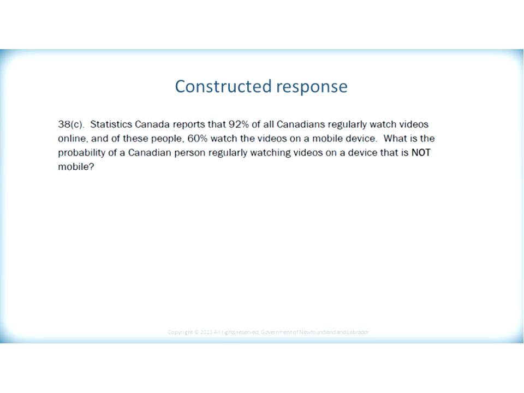We have Statistics Canada reports that 92% of all Canadians regularly watch videos online. Of these people, 60% watch videos on a mobile device. What is the probability of a Canadian person regularly watching videos on a device that is not mobile? So we have conditional probability.